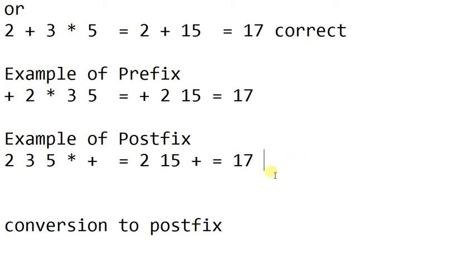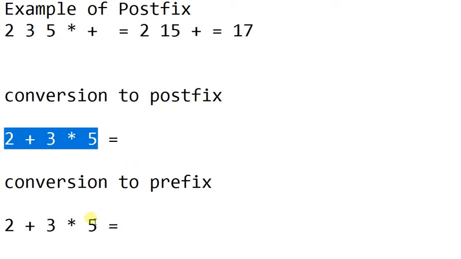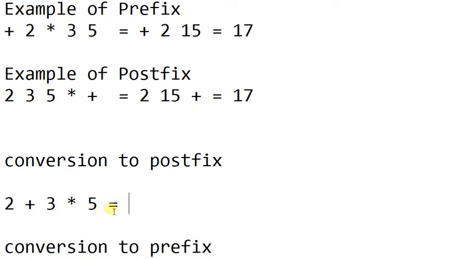Now we see a procedure of manually converting the infix notation into postfix or prefix notation. Let's first convert this infix notation into postfix notation. It is very easy. You have to enclose this expression into brackets. So first of all, I cover this whole expression inside a bracket, and next we have to apply the brackets according to the order of evaluation.